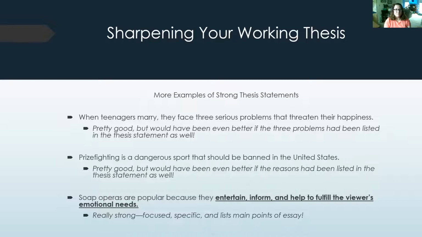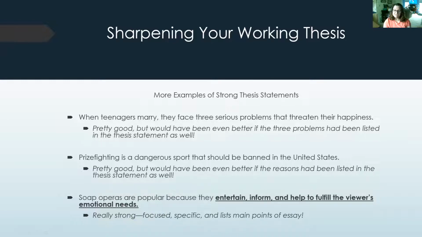I read the introductory paragraph and pretty sure I understand what the topic is, but I really don't know what this essay is going to do. At least with this thesis statement, I do have a fairly good idea. It'd be even better, though, if those 3 problems had been listed.